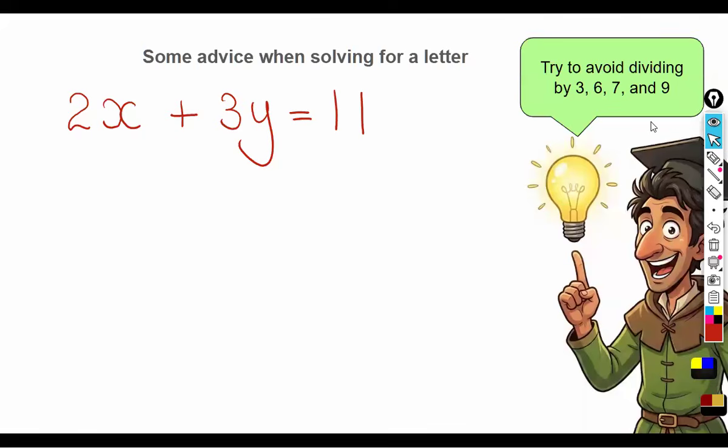Let's say you open your exam paper and you see that question, and you have a choice. You're not given orders, you're given a choice. You can either make x the subject, or you can make y the subject. In other words, you could get x alone on one side, or you could get y alone on one side.